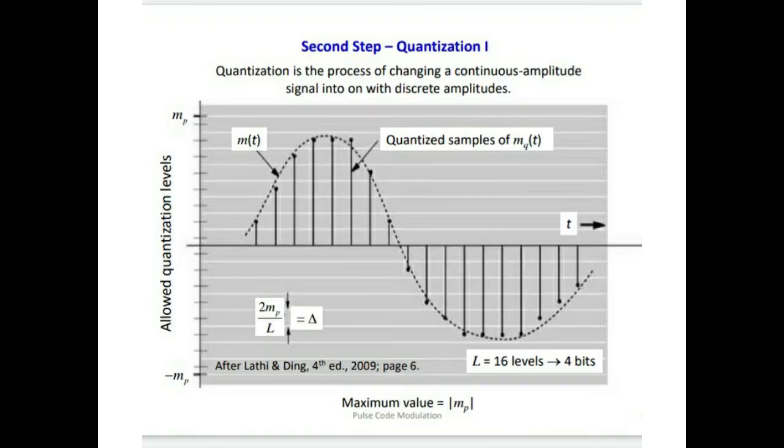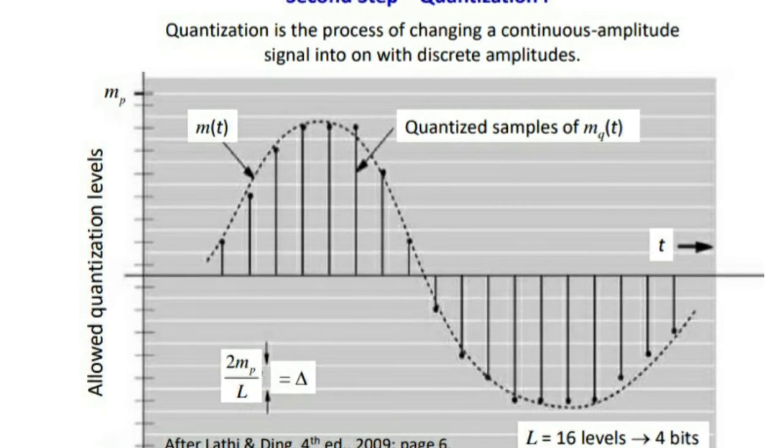Now you can see here, you can also observe the same figure in your notebooks. When an analog signal is sampled, samples are marked on that wave like this. This is one mark, this is one mark.